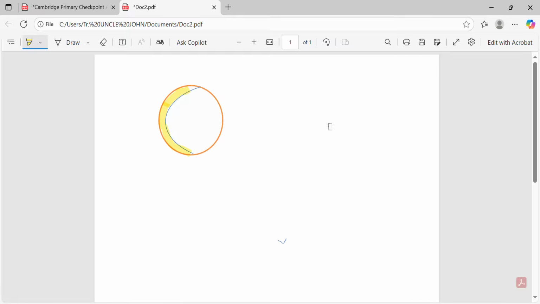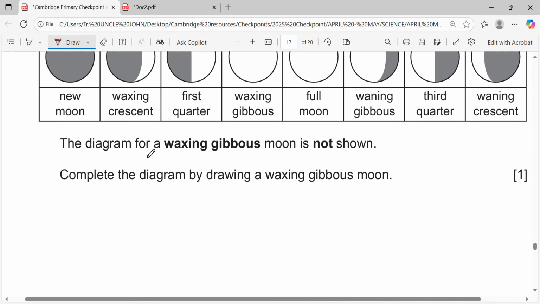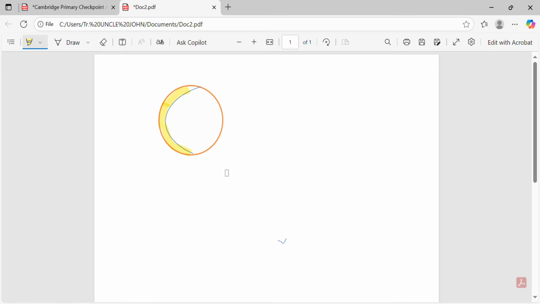You can see it. This is the answer to that question. So we go back. Complete the diagram by drawing a waxing gibbous moon. So the answer is completely this one.